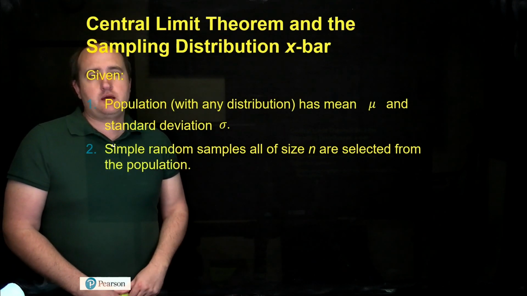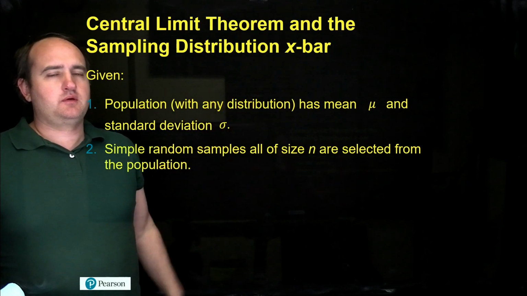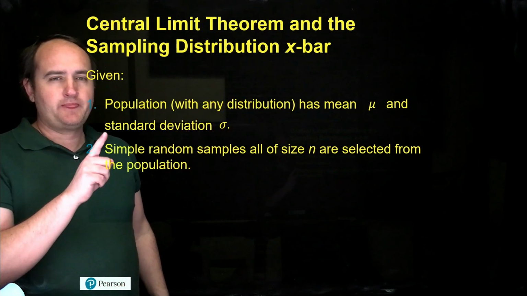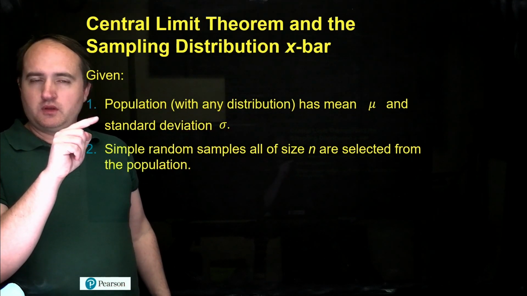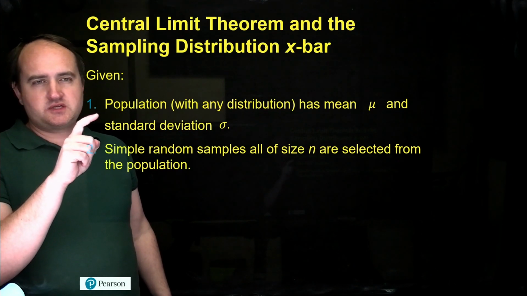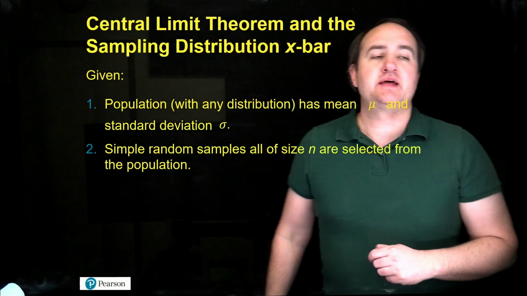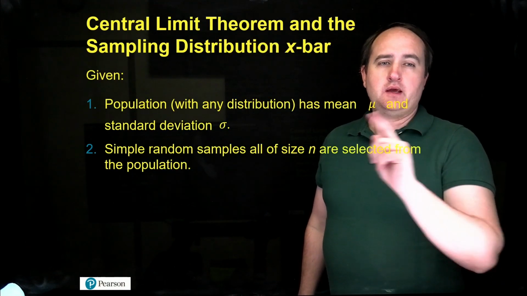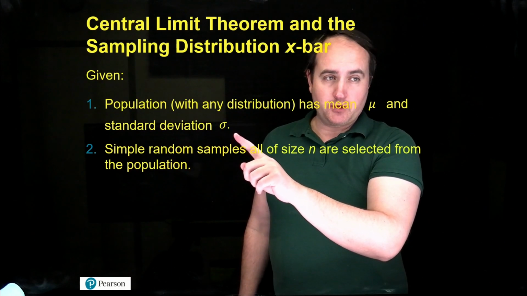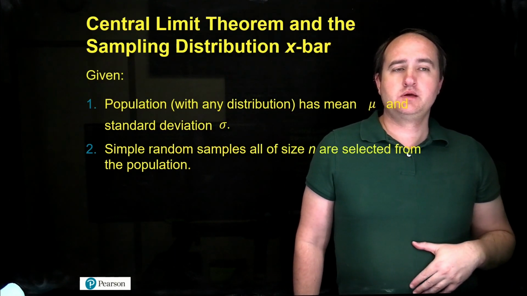Okay, now the thing about the central limit theorem is you have to be given a population, and it can be a population with any distribution, but that population has to have mean mu and standard deviation sigma. Okay?